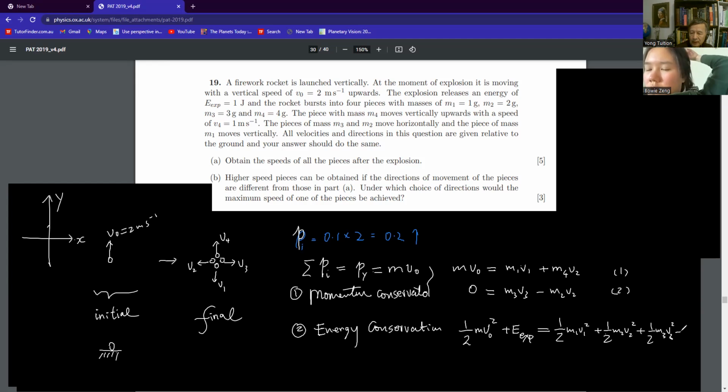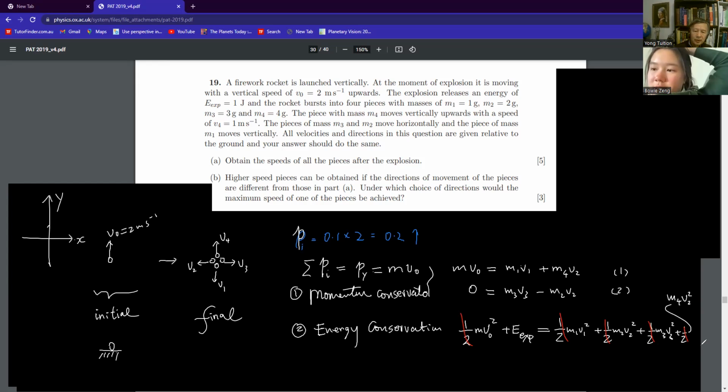We got three equations. The third one is complicated. Can we just cancel this half? Factorizing the half first can simplify the equation slightly.